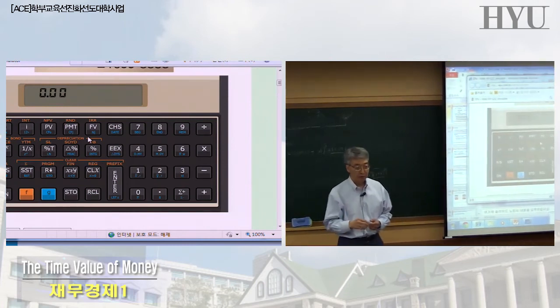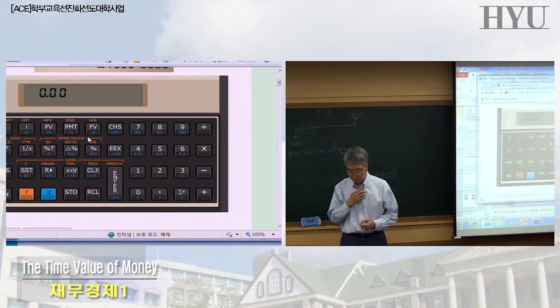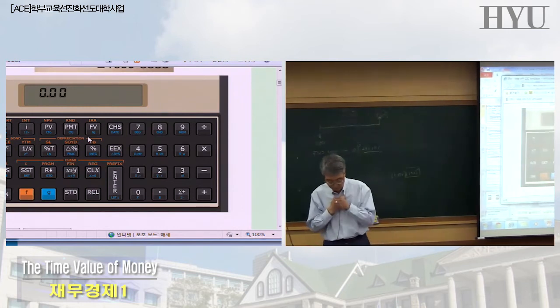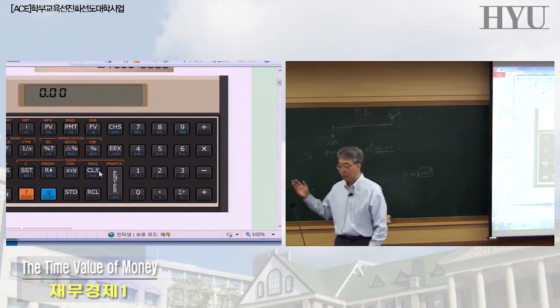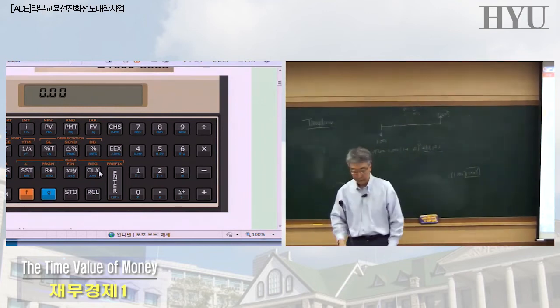Otherwise, you're going to get a wrong answer, right? So before you get into a new problem, it's a good idea to make it a habit of clearing the register. Just press F here and CLX here, okay? And it clears all the register, all the memory. Okay?